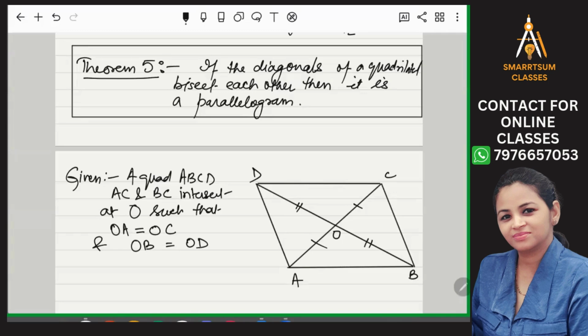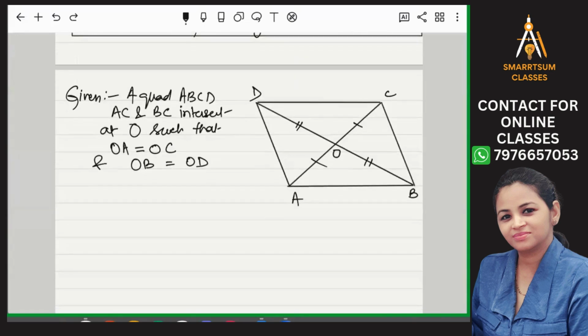This is already given: the diagonals of a quadrilateral bisect each other, meaning they are dividing themselves into two equal halves. Then we have to prove that ABCD is a parallelogram.